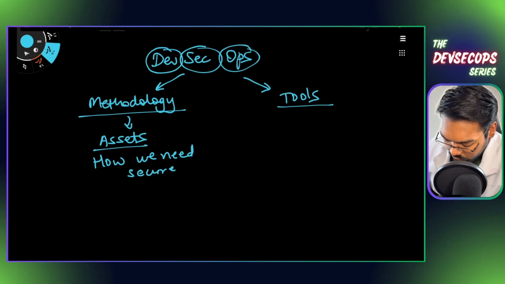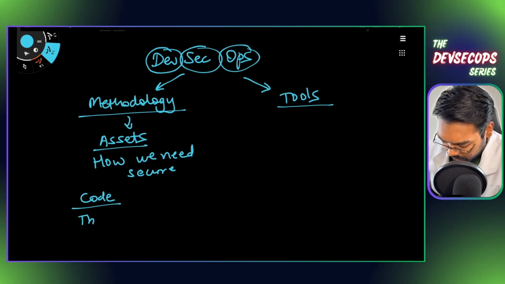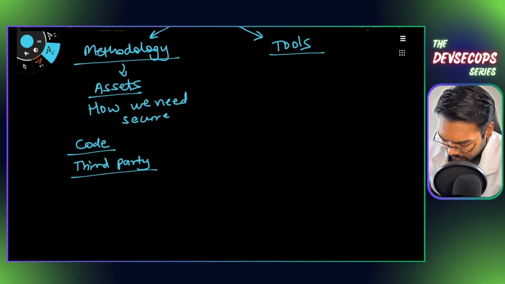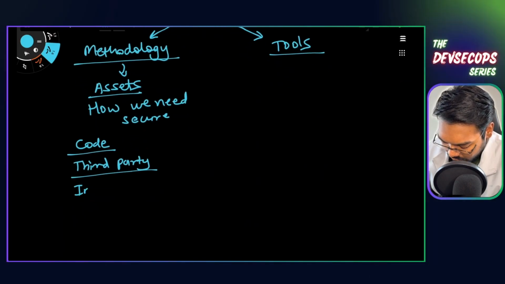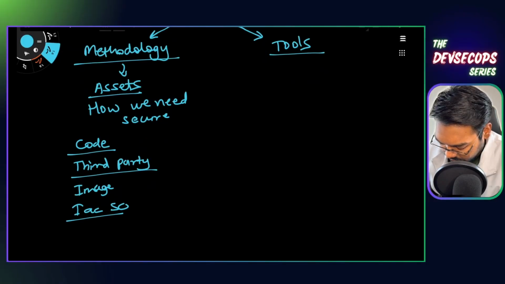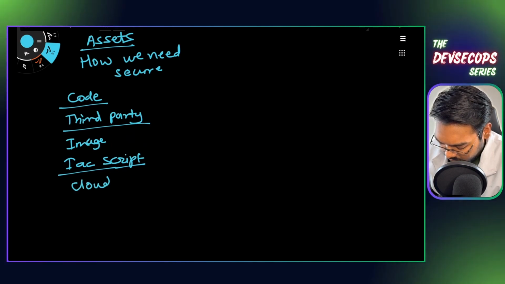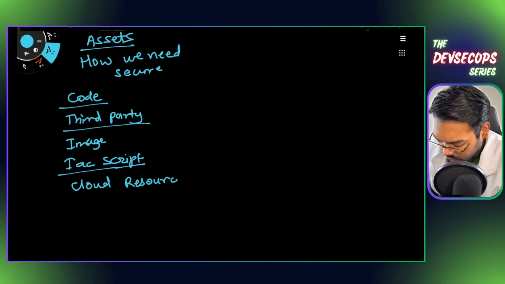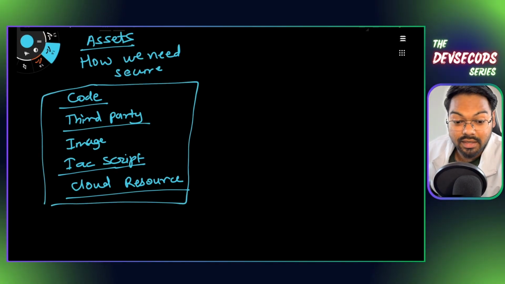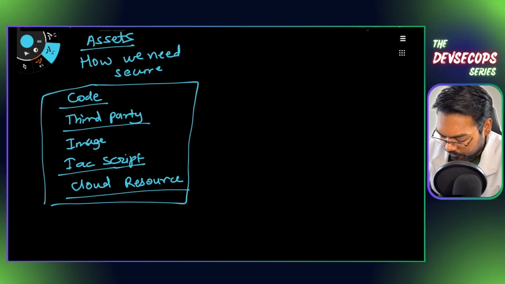In that you will learn that we have code, we have third party libraries or dependencies that you use, and then there are containers or images, we have IaC scripts, configuration management scripts, we have our cloud resources, right? So once you have all of these things for your product or application, you need to know what methods we apply for them.